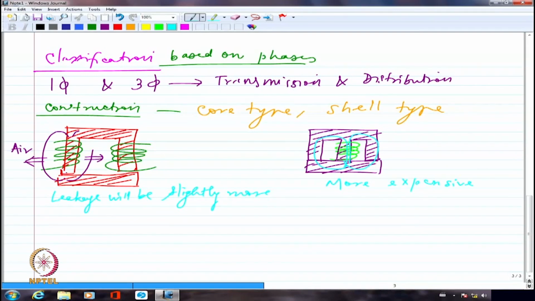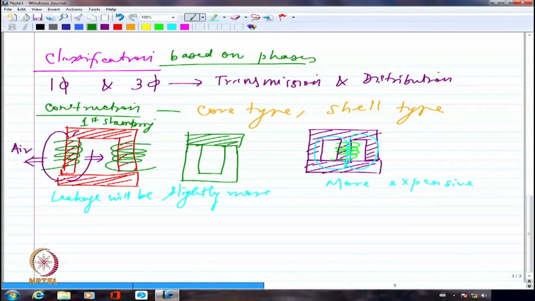If I say that this is the first stack, this is the first stamping, I would have the second stamping just the opposite of this. So I may have the C shape at the bottom, and I would have basically this straight line at the top. Are you getting my point? So I will put one behind the other so that the air gap does not become continuous.